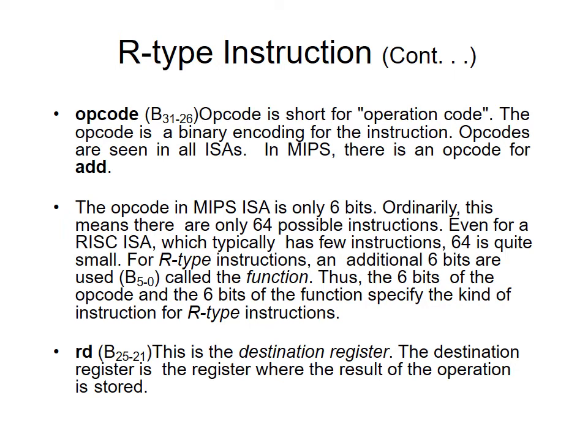For R type instructions, an additional 6 bits are used, B0 to B5, called the function. The 6 bits of the opcode and the 6 bits of the function specify the kind of instruction for R type instructions. Then RD is the destination register, where the result of the operation is stored.